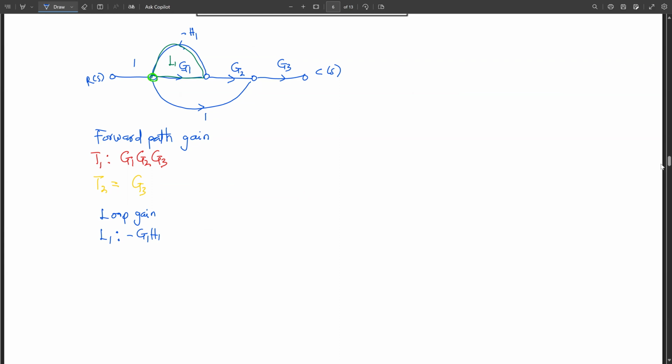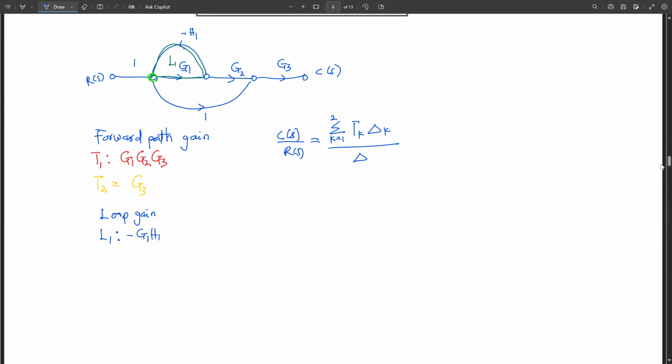So the next thing to do is to approach it with the formula that we derived, which is C of S over R of S is simply the summation of k equals 1 to n of T sub k delta k, all over delta, where n is the number of paths that we have found so far, and in that case is 2. And then we know T sub k. That's what we have here, the T sub 1 and T sub 2, right?